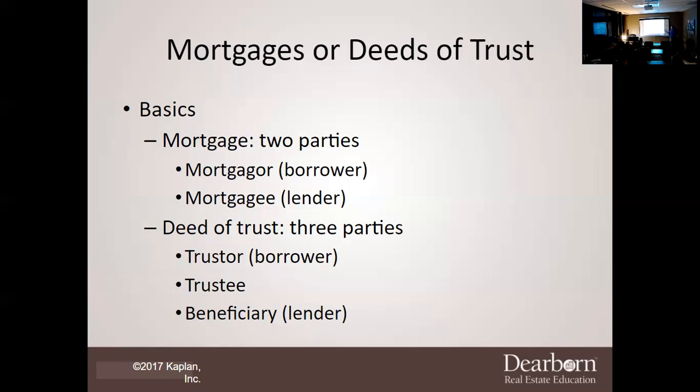Now, a trustor is going to be the borrower. And the reason it is, remember we said OR. OR means what? They're doing something. So this borrower is setting up a deed of trust, basically a deed that if I'm the borrower here, Mr. Eugene, you're the lender.